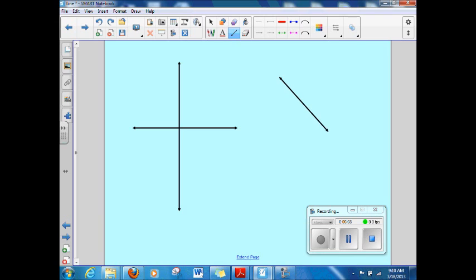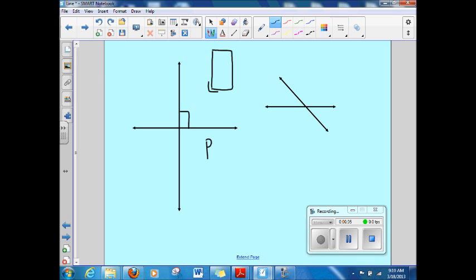These intersecting lines, nothing special about those, but let's take a look at this first one here. If you could take a little piece of paper, let's say it's like a notebook piece of paper, and you know the corner of that paper is at a 90-degree angle, and you can set that piece of paper right here in that corner. If it fits perfectly in that corner, then what we say is that these lines are perpendicular.